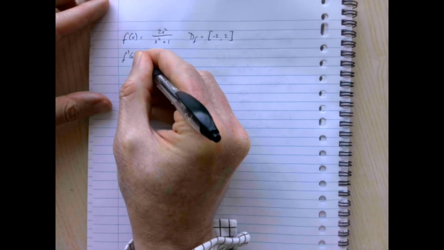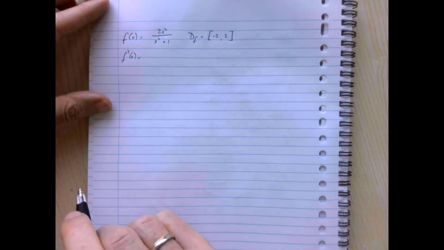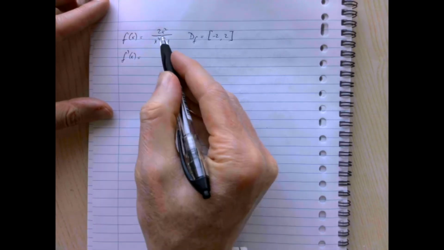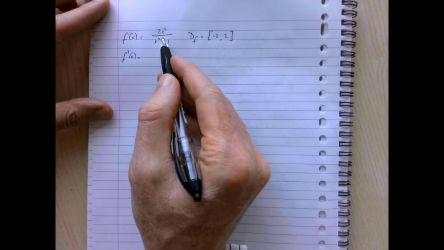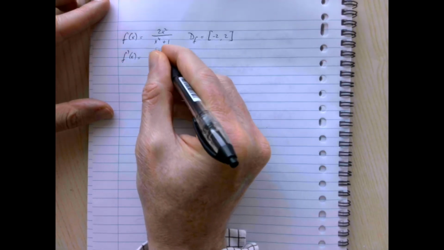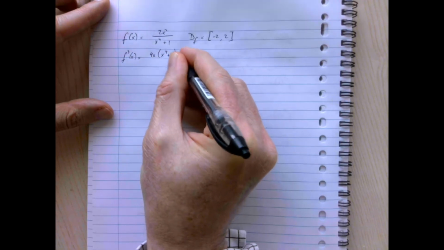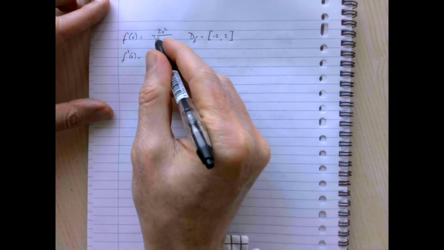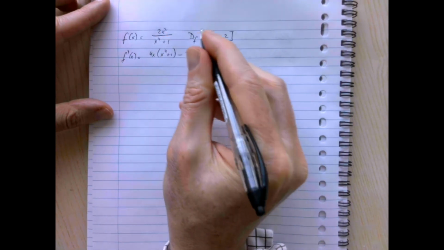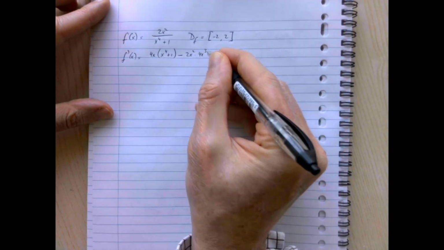F prime of x is, well, this is a quotient, right? So we need to use the quotient rule. How do we use the quotient rule for taking a derivative? We first take the derivative of the numerator, which is 4x, and multiply that by the denominator, x to the 4th plus 1, and from that we subtract the numerator itself, 2x squared, times the derivative of the denominator, which is 4 times x to the power 3.